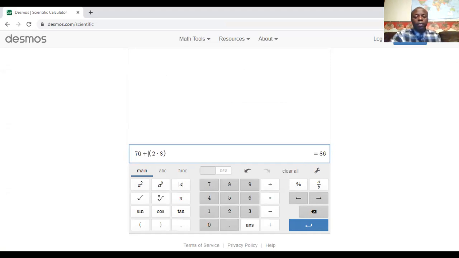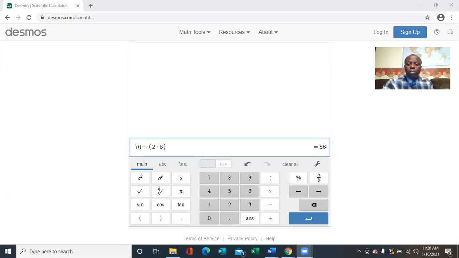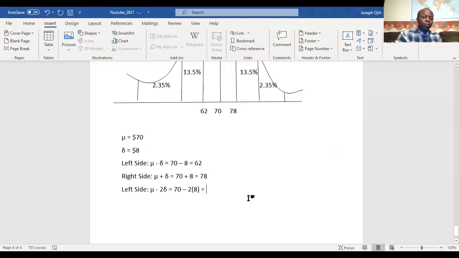So let me take you back here. So for this one we have $54, and we will do the same thing for the right side, but changing it to plus sign.